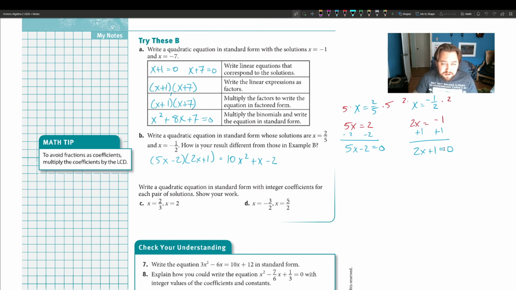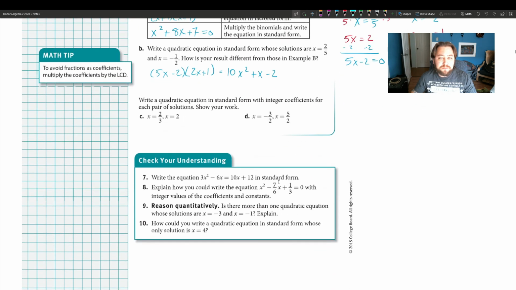I'm going to go ahead and do, let's see how much room I have. Let's do C together, because you've already seen an example like D. So I'm going to take off to the side, x equals 2/3. That is an ugly 3, Mr. Clark. Jiminy Cricket. Okay, step number 1, clear that fraction. So times 3.